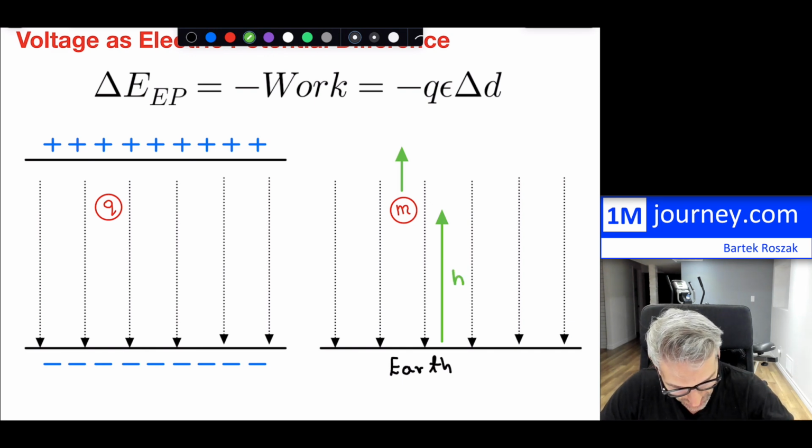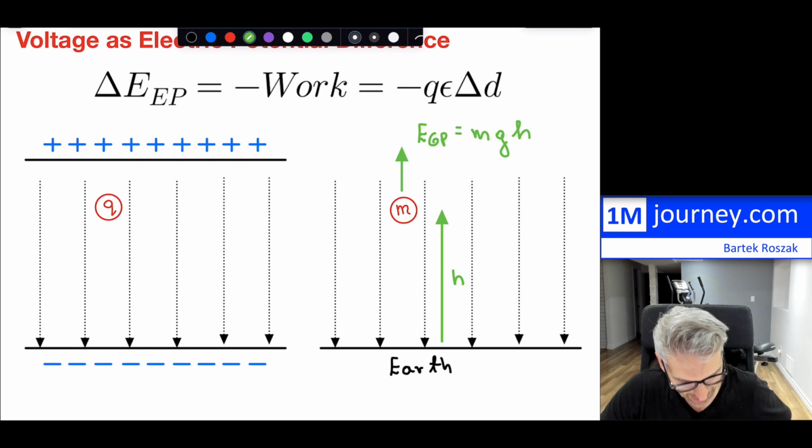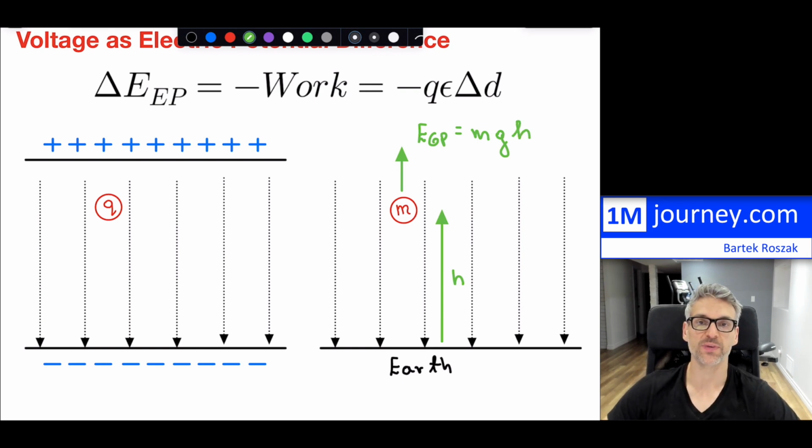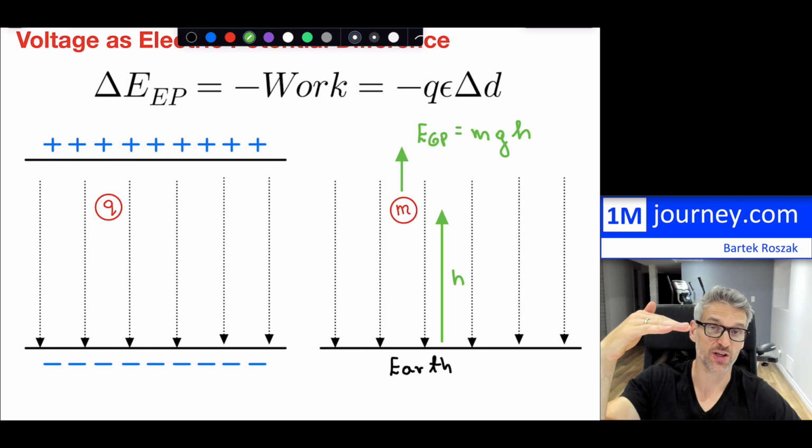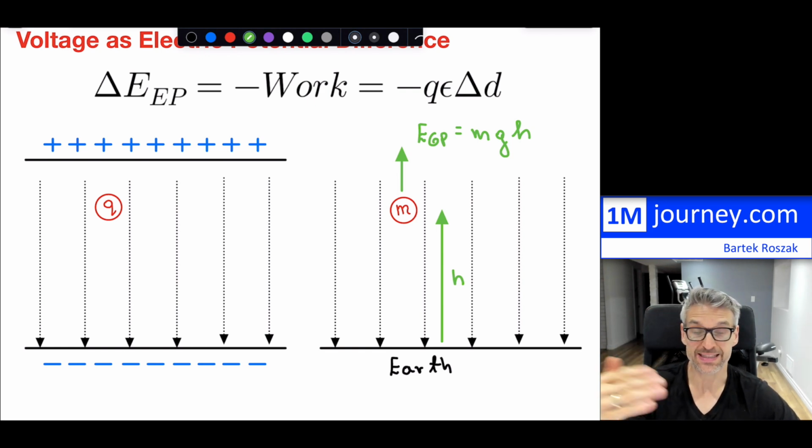And we know that this has a certain amount of gravitational potential energy. And we can say this is mass times gravity times the height that it is located in. Now, if that is at that particular instant in time and position, so let's say we're holding that mass up there, that's how much potential energy that it would have.